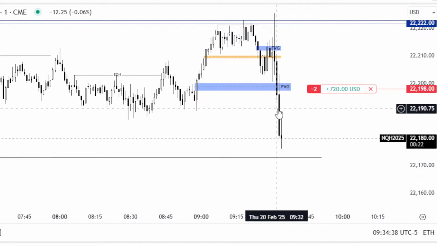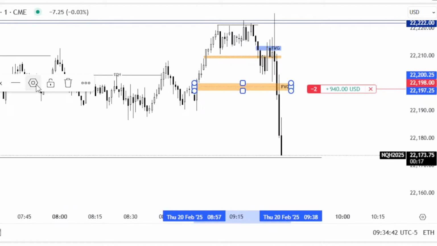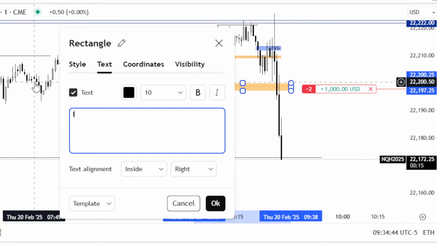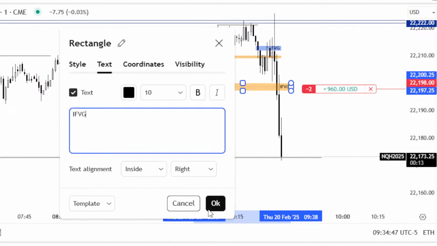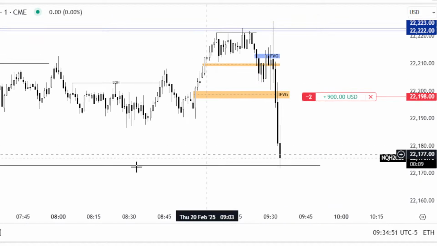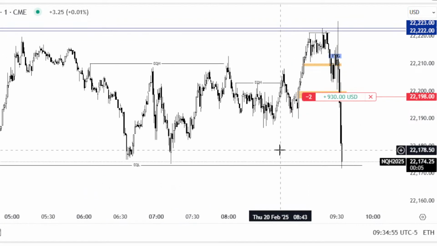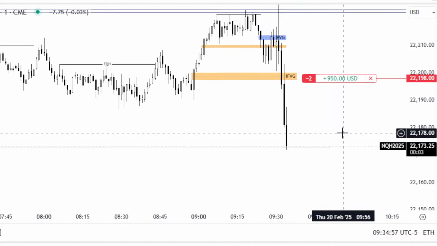See, we inverted this fair value gap, which is now an IFEG, and we literally tested and then drop. This is the equal lows that we've been talking about, and now there's a bigger target lower down.